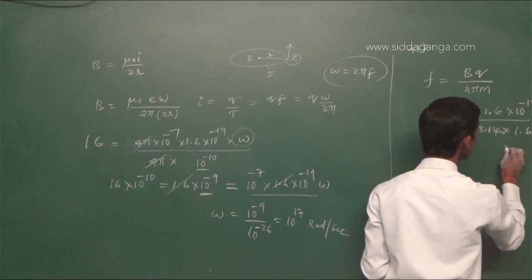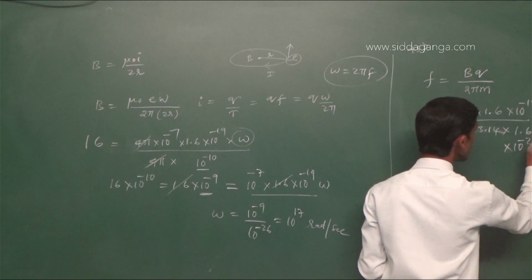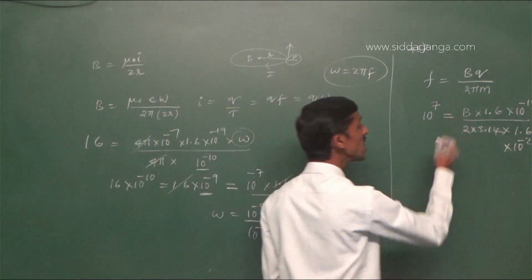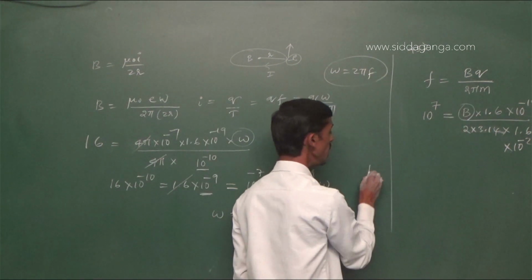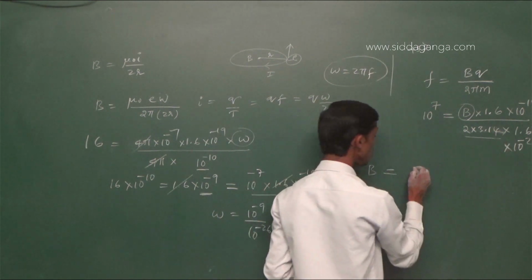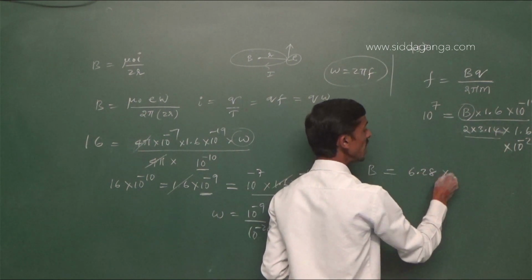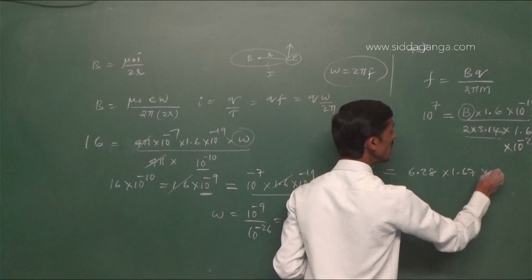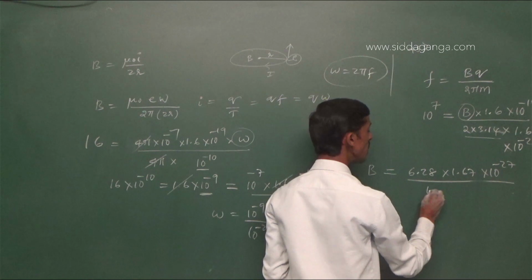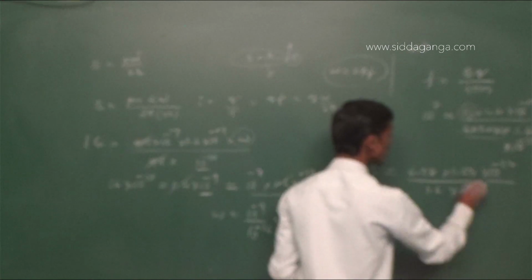The mass of the proton is 1.67 into 10 raised to minus 27. You see clearly that B has to be calculated. B is equal to 6.28 into 1.67 into 10 raised to minus 27 divided by 1.6 into 10 raised to minus 19.